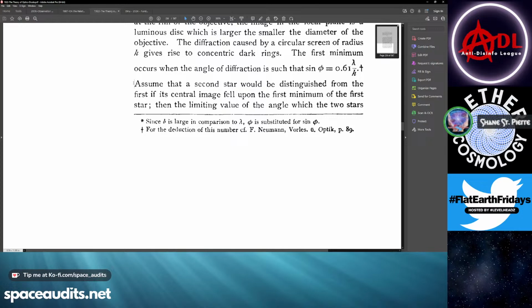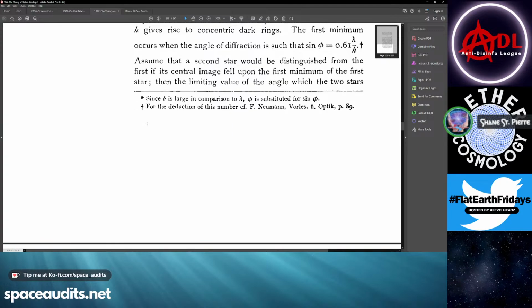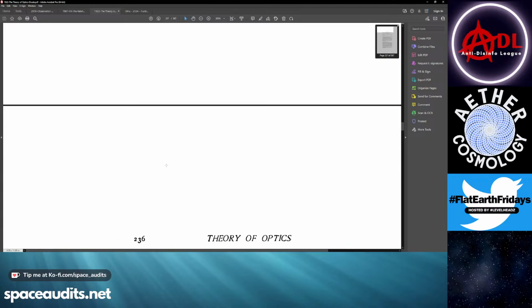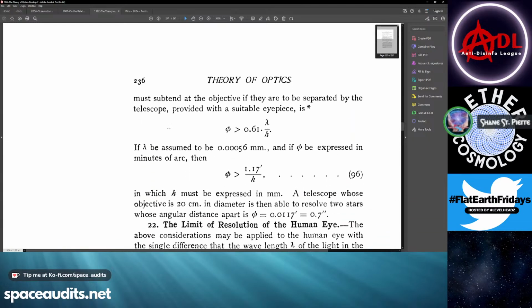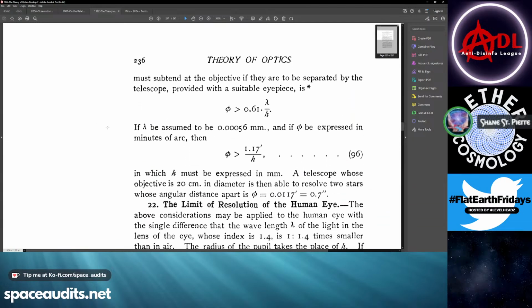Assume that a second star would be distinguished from the first if its central image fell upon the first minimum of the first star. Then the limiting value of the angle, which the two stars must subtend at the objective if they are to be separated by the telescope, provided with a suitable eyepiece, is theta greater than 0.61 lambda over h.